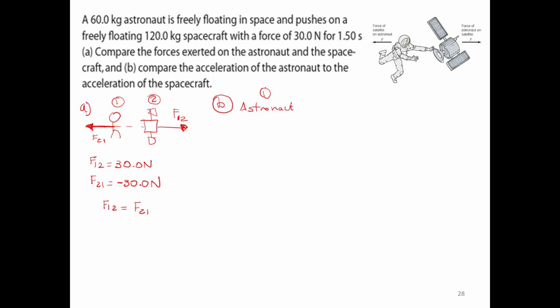This is number 1, and number 2 is the satellite or the spacecraft. First we know the masses. Mass 1, the astronaut, is 60 kilograms, but the second mass is 120 kilograms. We know the force exerted on the astronaut was negative 30 newtons.